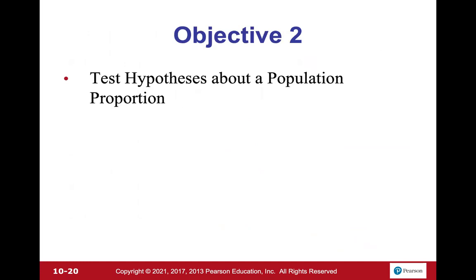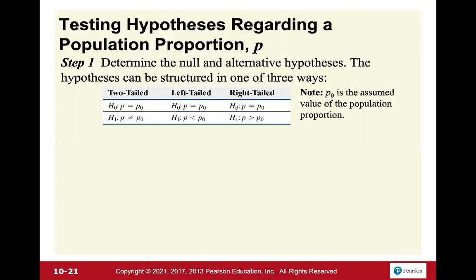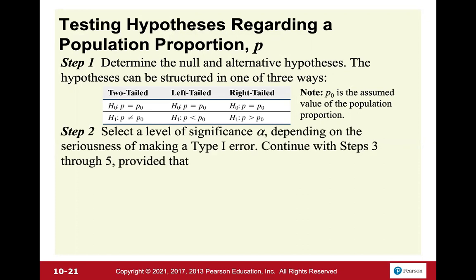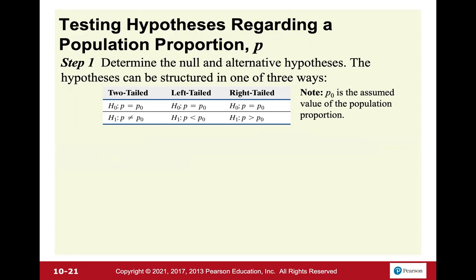All right, now hypothesis testing about a population proportion. Okay, so from here, step 1, determine the null and alternative hypotheses. The hypotheses can be structured in one of 3 ways: either a two-tail test, a left tail test, or a right tail test. For a two-tailed test, we would have equal to and not equal to.